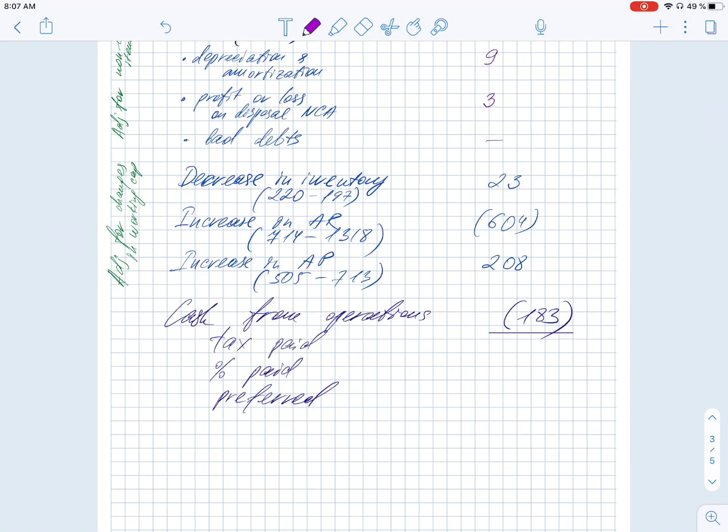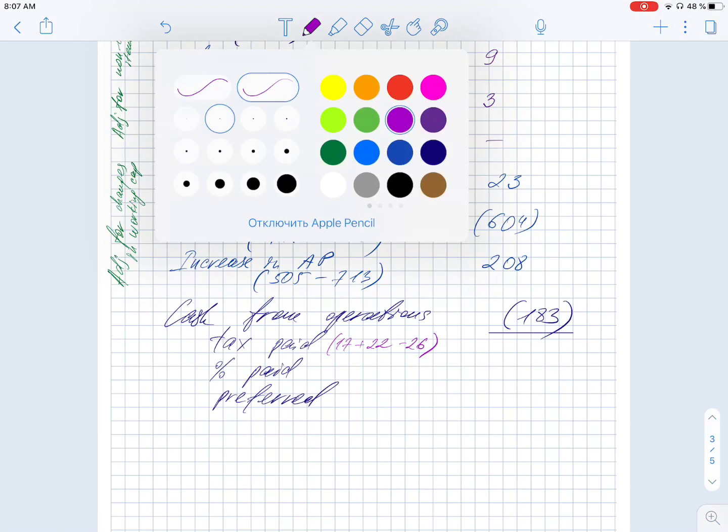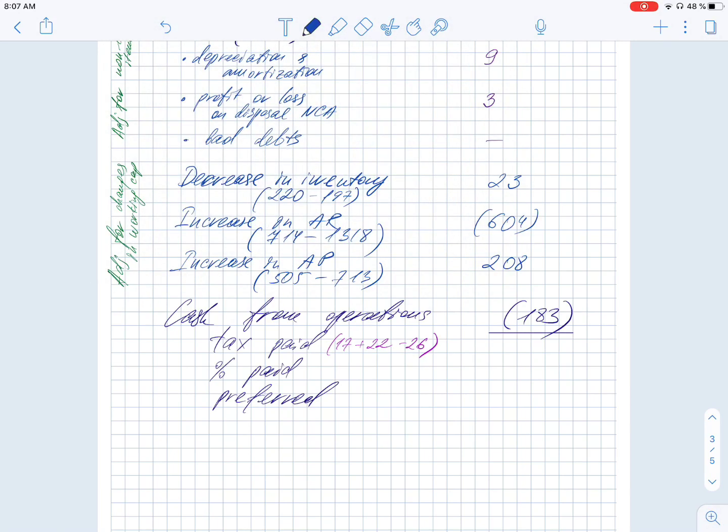The liability at the beginning of the year was 17. Tax expense accrued during the year was 22. That means that in total the company owed £39,000 to the tax authorities. But since the company still owes 26, we can assume that the amount really paid to tax authorities equals 13. Only £13,000 was paid to the tax authorities.